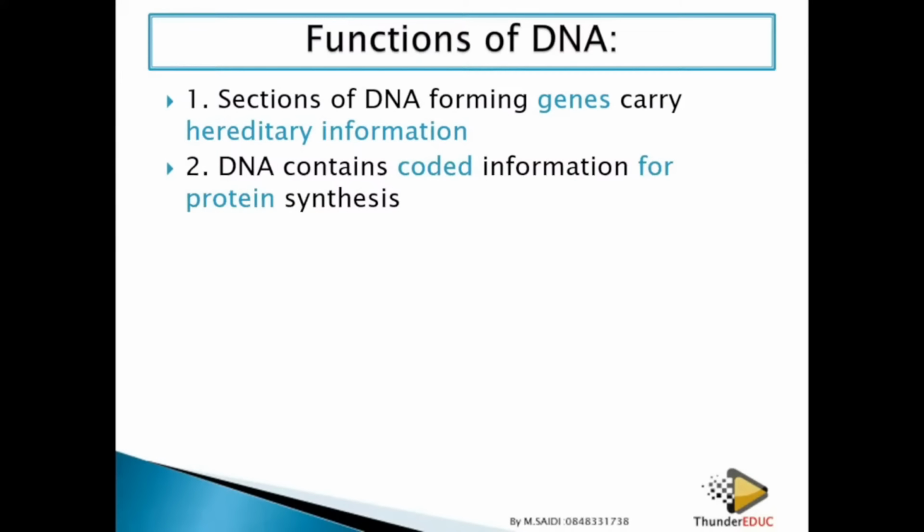We are going to look at protein synthesis when we continue. I explained that in the previous lesson, and in other lessons to come, we will be explaining protein synthesis. All right, so those are the two functions of DNA in our body.